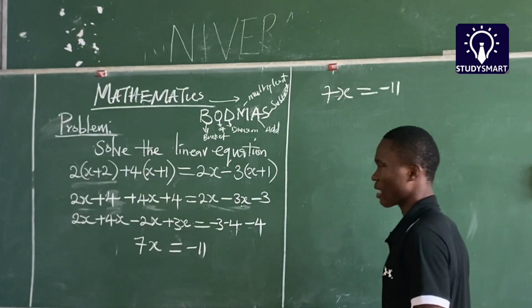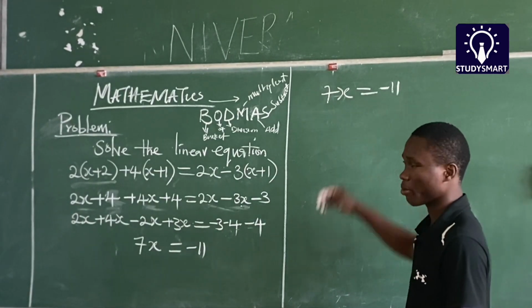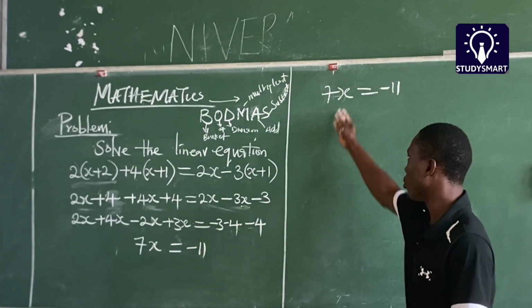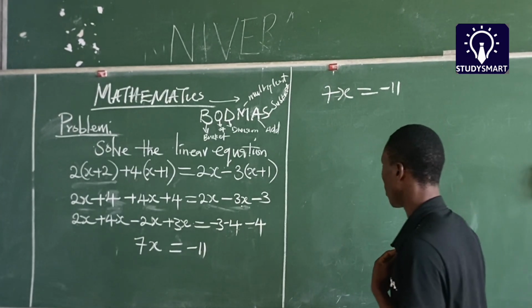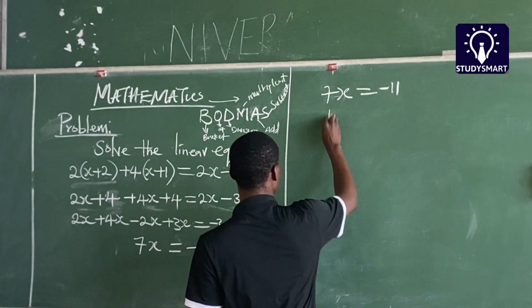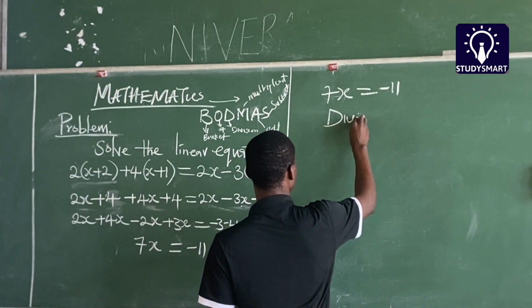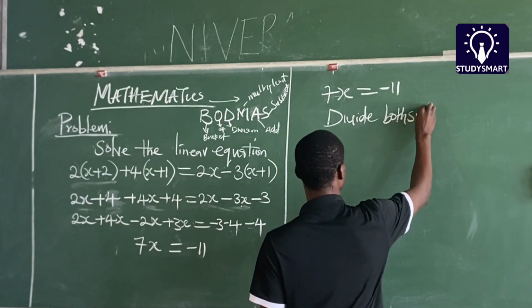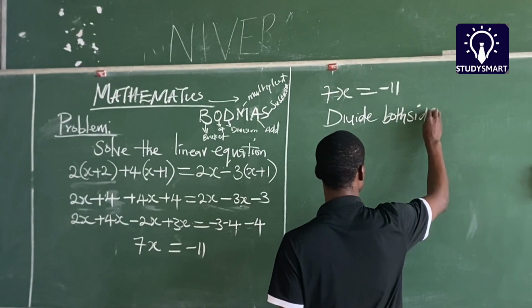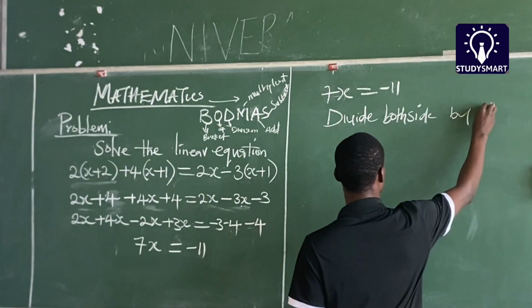All right, so the next target now, we are going to make x the subject of the formula by dividing both sides of this equation by the coefficient of x. And the coefficient of x here is 7. So we are going to divide both sides by 7.